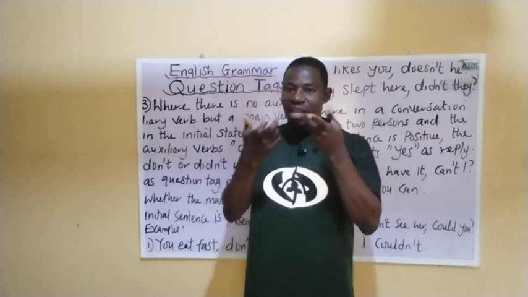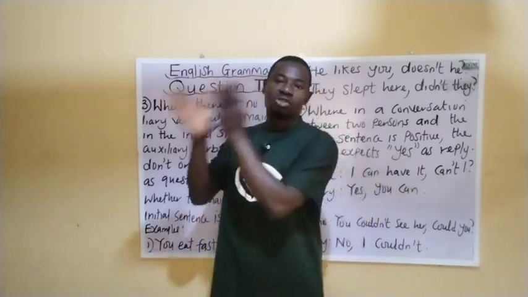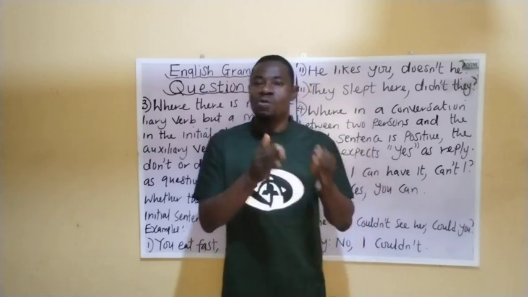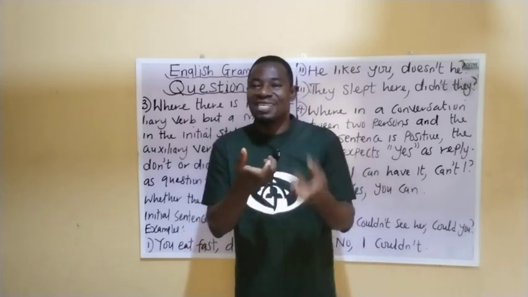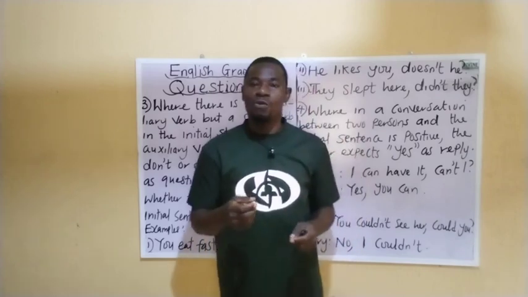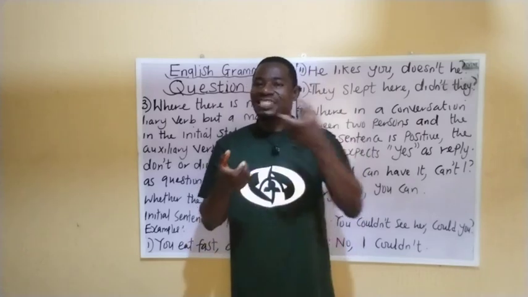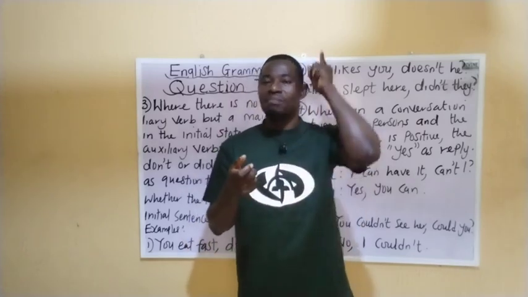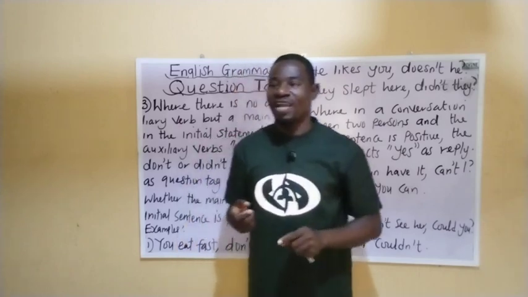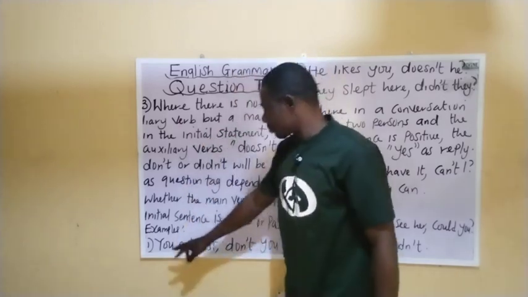For doesn't and don't, we use doesn't where the statement has a singular present verb, and we use don't where the statement has a plural present verb. Okay, fine. Let's see this now. Example.